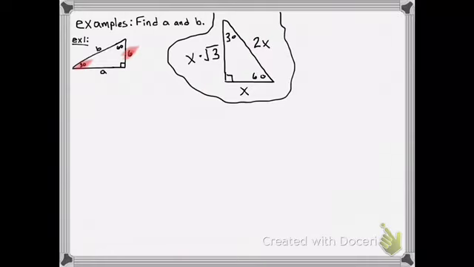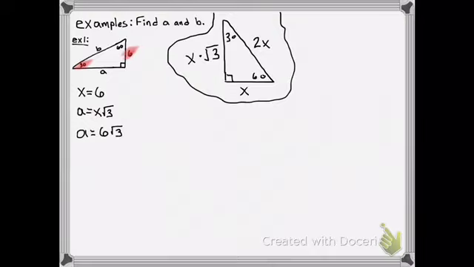Based on the definition that we have circled on the right, A is going to be x times the square root of 3, because A is the side that's opposite the 60-degree angle. I know that x is 6 because it's the shortest side, so A is simply 6 times the square root of 3.